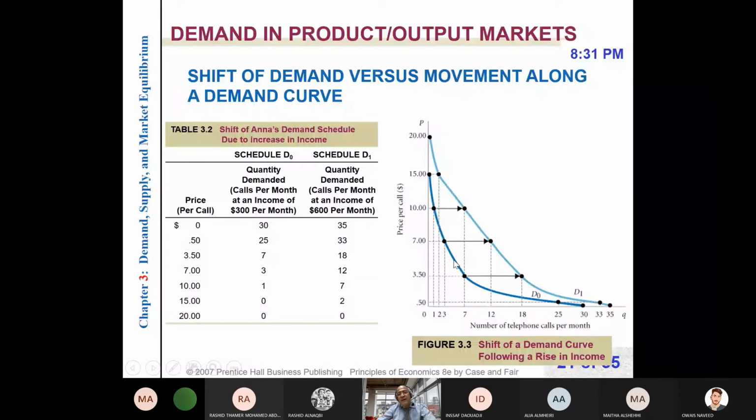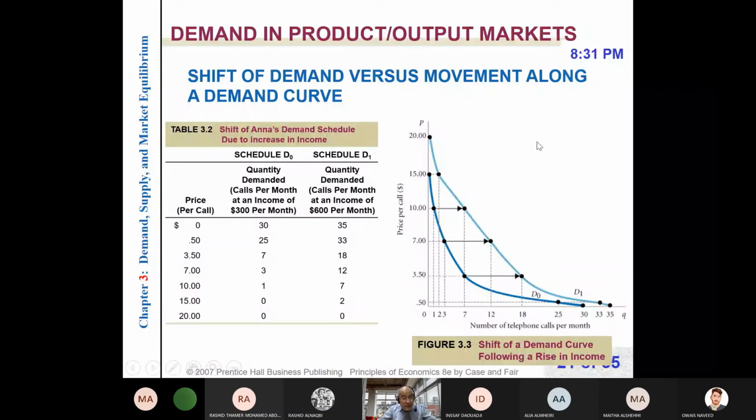So again, if the price decreases, quantity demanded increases from 1 to 3. If you look at these two dots, as the price increases from 7 to 10, the quantity demanded will decrease from 3 to 1. Ceteris paribus. Assume other factors such as income remain constant.